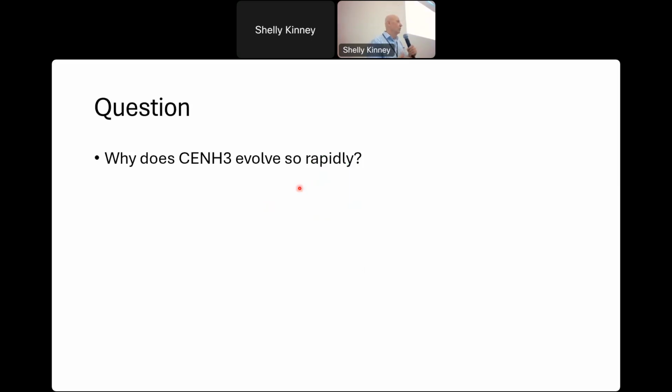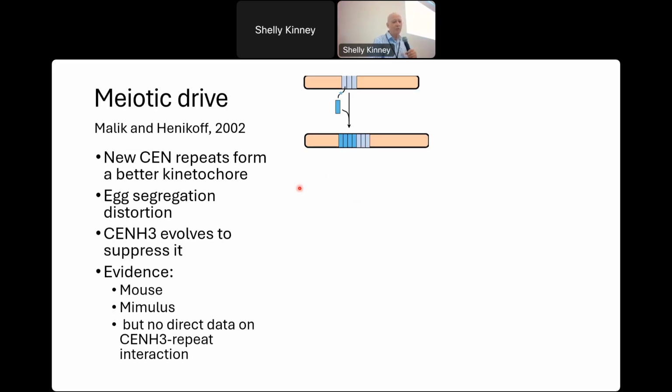So one question which I think is related to how this technology can be translated from Arabidopsis to other crops is why is SNH3 evolving so rapidly? There's one explanation that has been provided by Malik and Henikoff, and that is that SNH3 may engender meiotic drive.